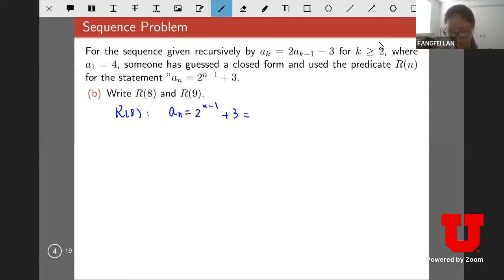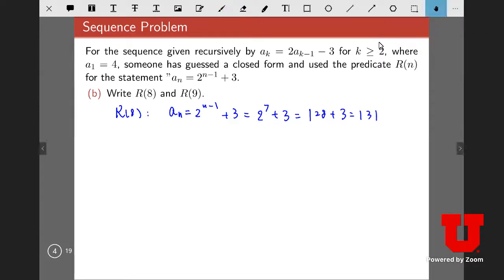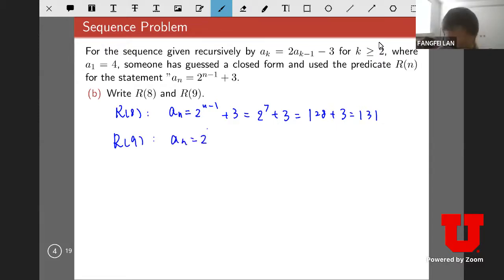It's equal to what? 2 to the 7 plus 3. 2 to the 7 is 128. Actually, what is 2 to the 7? 128. Yep, 128 plus 3 gives us 131. And R9, same thing.